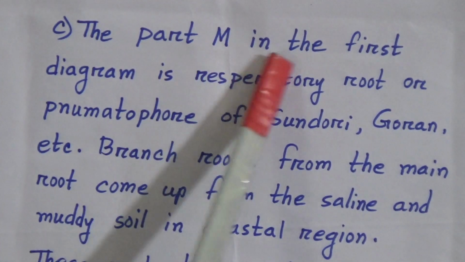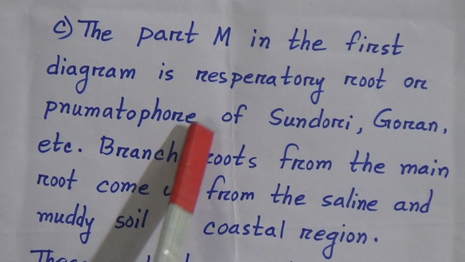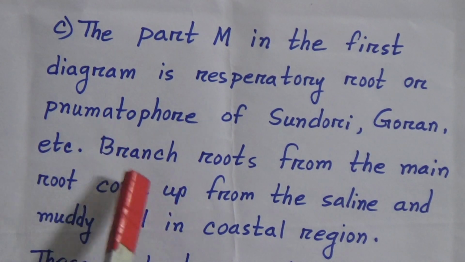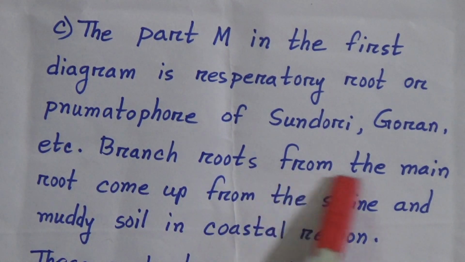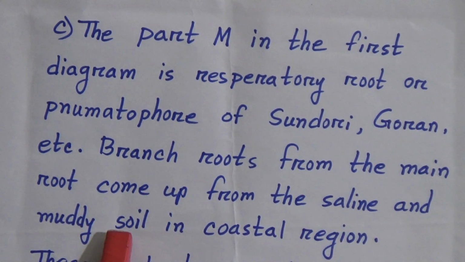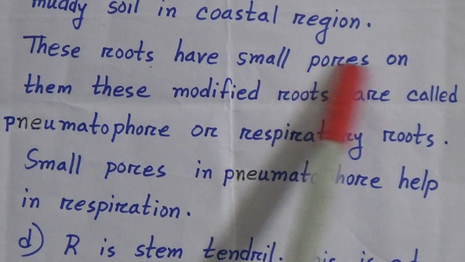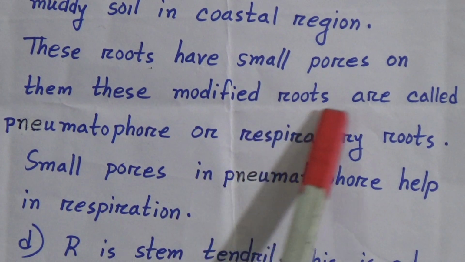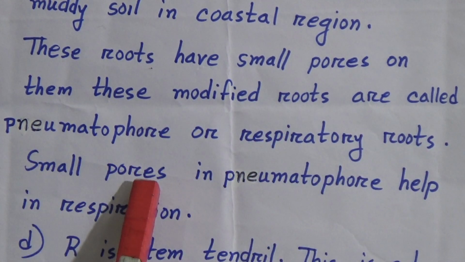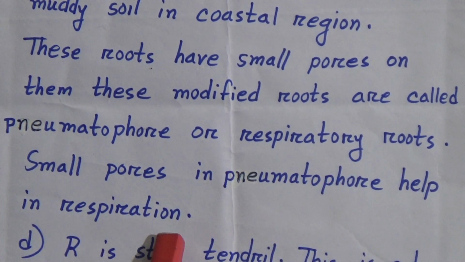The part M in the first diagram is respiratory root or pneumatophore of Sundari, Goran, etc. Branch roots from the main root come up from the saline and muddy soil in coastal region. These roots have small pores on them. These modified roots are called pneumatophore or respiratory roots. Small pores in pneumatophore help in respiration.